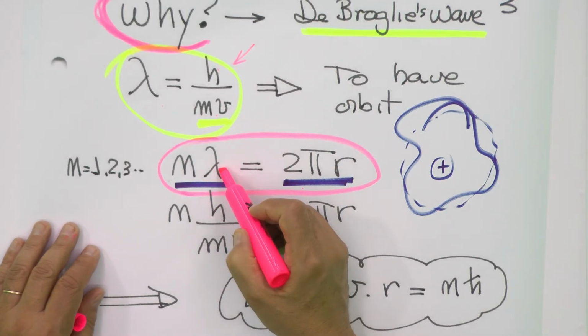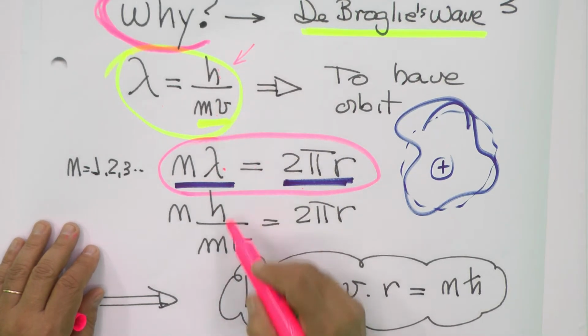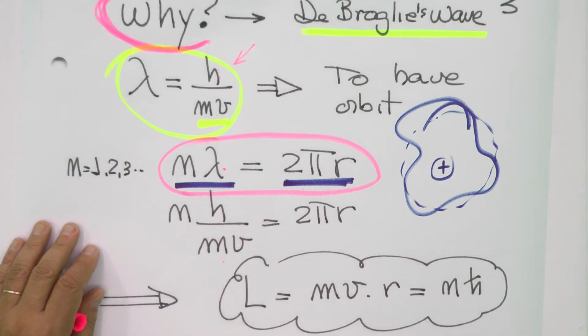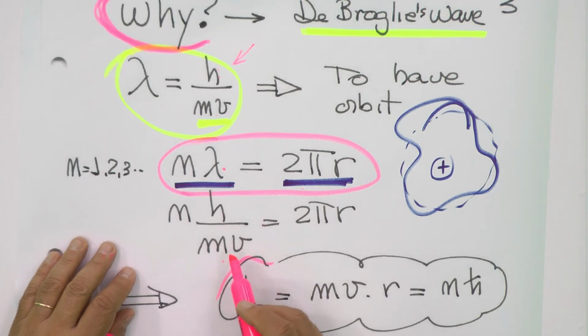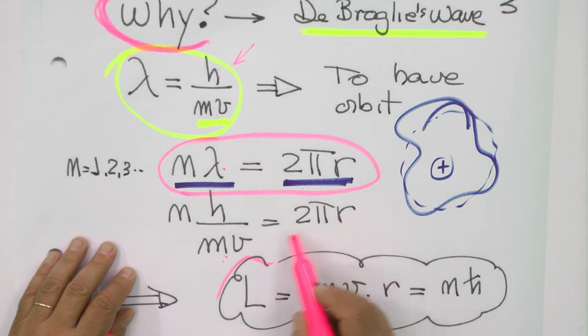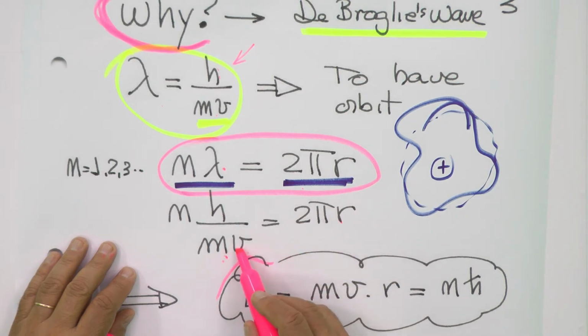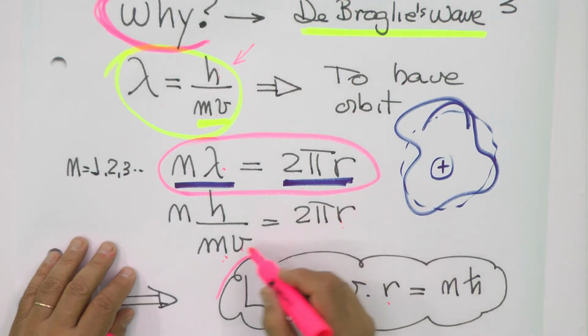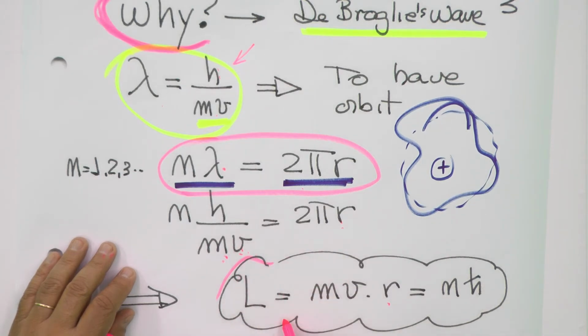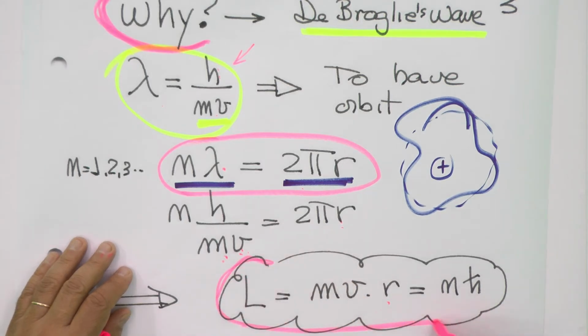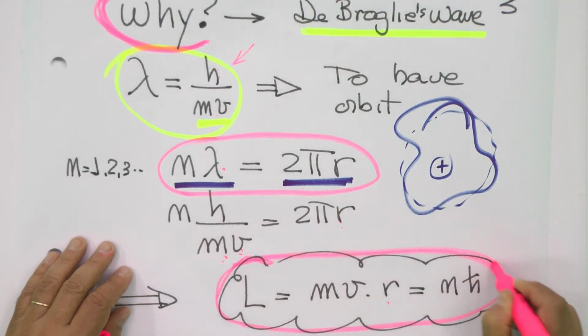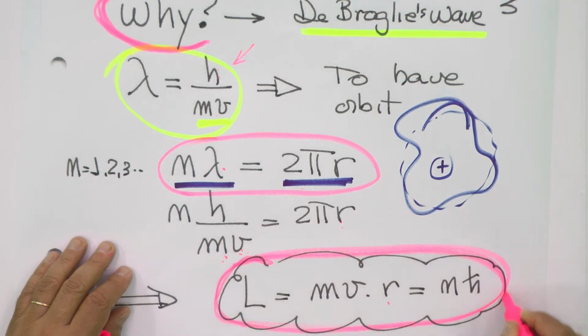But in the place of lambda, we put h divided by mv. It turns out that gives us exactly, when I multiply this here, mv times r is the angular momentum. And the angular momentum, in this case, is an integer of h bar. Exactly like Bohr predicted.